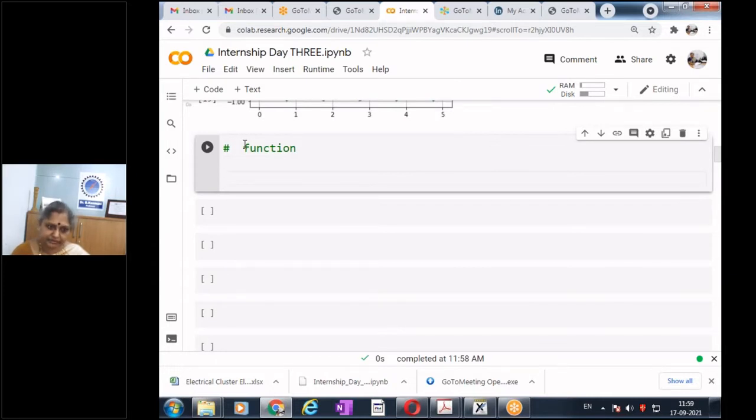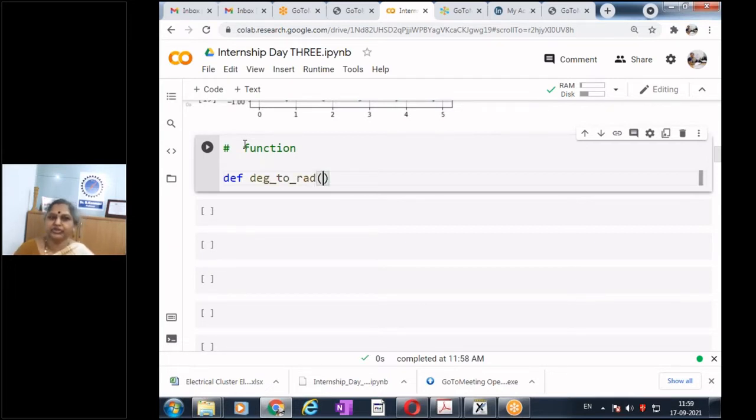So let us take a simple example. Let us say the format is, it starts with def. Def means it's a function we are defining, and whatever name we want to give. Let us say we want to give degree to radian.